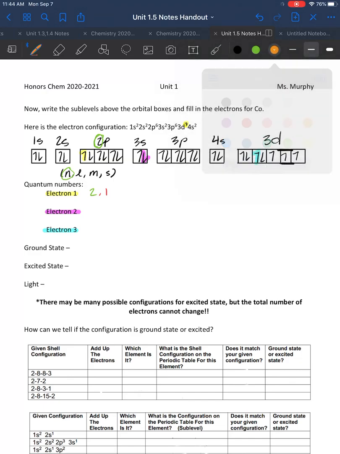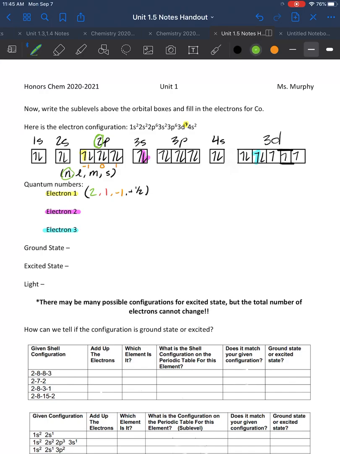Then we have our m. m is what orbital. If we're looking at this 2p sublevel here, we have 3 orbitals which are associated with m numbers of -1, 0, and 1. And so our highlighted electron is in the -1 orbital. And then what spin is it? It is up spin, so we get +1/2.